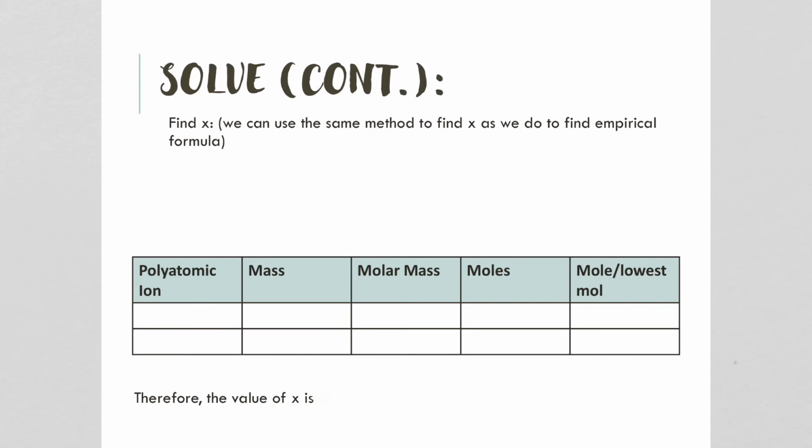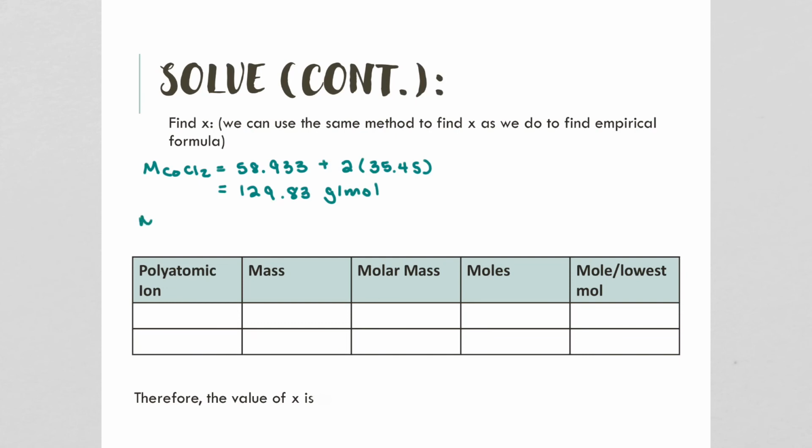So the molar mass of cobalt 2 chloride is equal to the molar mass of cobalt, 58.933, plus 2 times the molar mass of chlorine. And that is equal to 129.83 grams per mole.